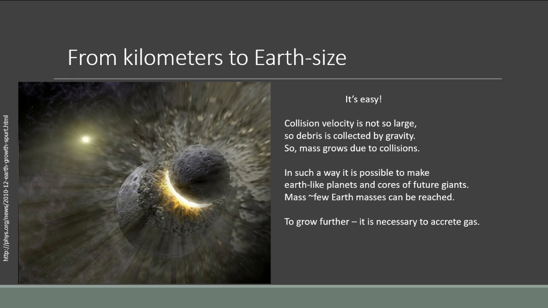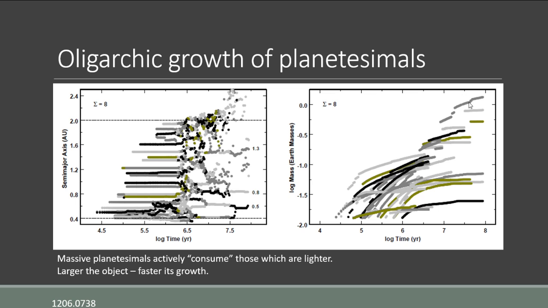And so from this size, objects start to grow effectively because of collisions. So that's a very important step on the track of forming Earth-sized planets. Maybe I'll skip modeling of this oligarchic growth part.